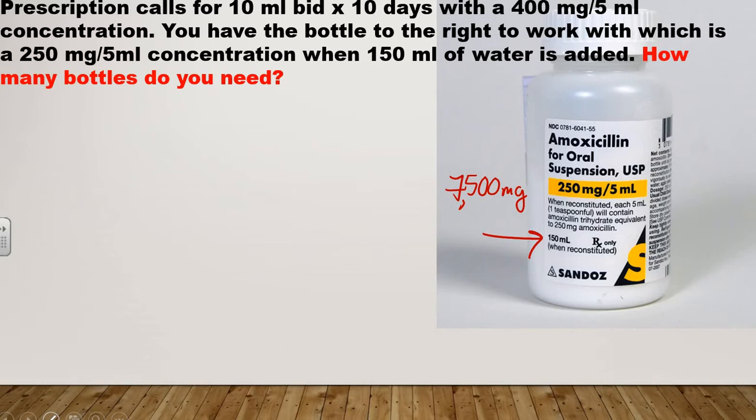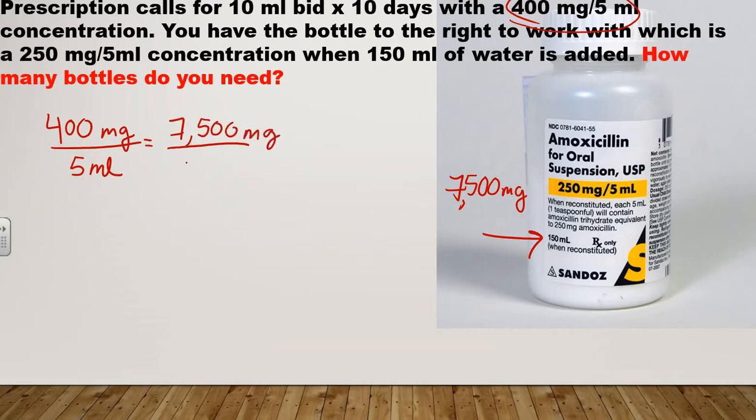We're going to see how many milliliters we can get with this concentration. So now we want a concentration of 400 milligrams over 5 milliliters. And we have 7,500 milligrams to work with, and we're asking ourselves, how many milliliters do we get?